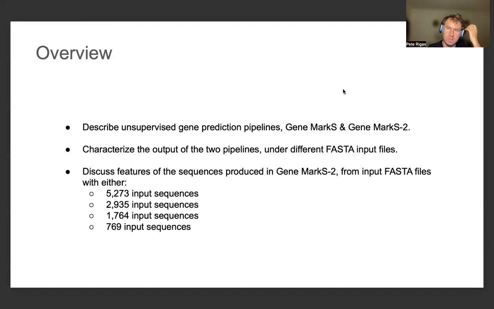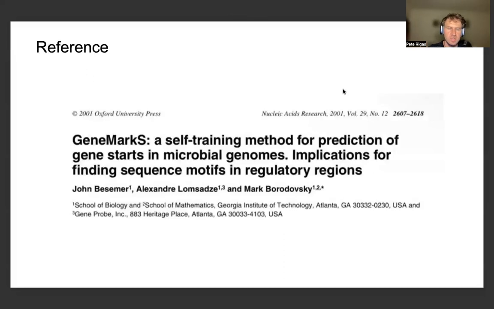And we're going to discuss and think about whether any sequences which are produced in GeneMarkS-2 from the input FASTA files, which either contained a little more than 5,000 sequences, around 3,000 sequences, and for the third choice, around 1,800 sequences, and finally around 800 input sequences, determine the total number of sequences that the model can produce from the output, and how informative this can be for us when we're trying to predict novel types of genes and other types of characteristics of genetic data, or in genomics in general.